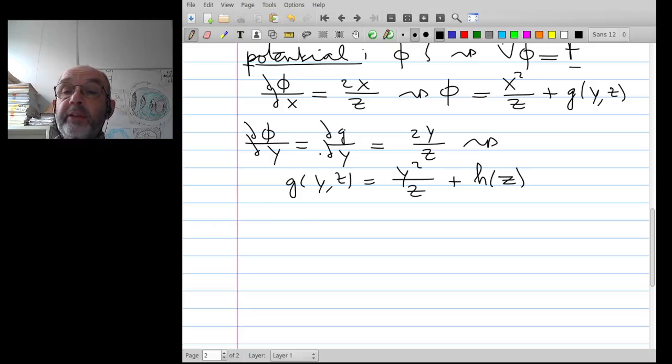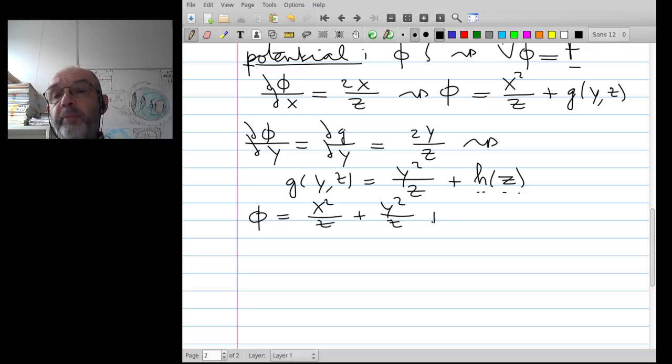Then we integrate with respect to y, and you should put a constant, but now we have only a z. So our phi becomes equal to x squared divided by z plus y squared divided by z plus some unknown function h of z.